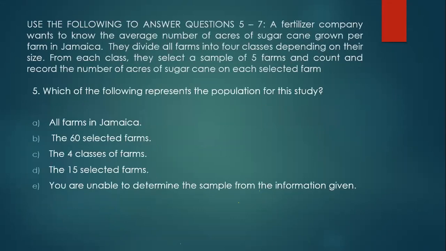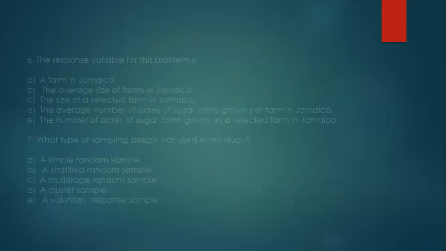Yeah, so it was a stratified random sample because they said that they divide all farms into 4 classes depending on their size. Remember that stratify has to do with anything with classifications, type, or anything like that. Once the question asks you for something like that, you know that you're dealing with a stratified random sample.